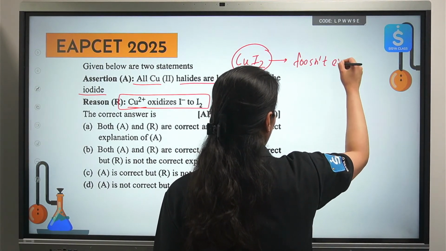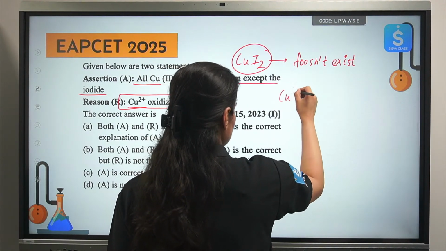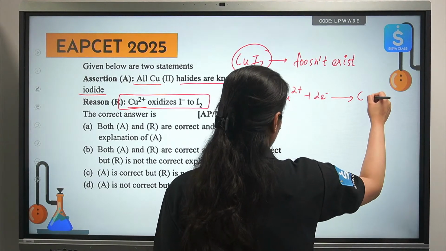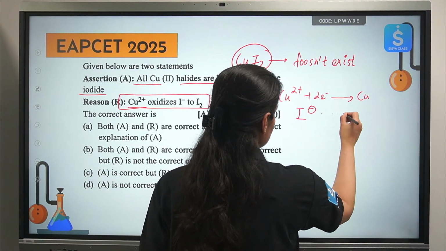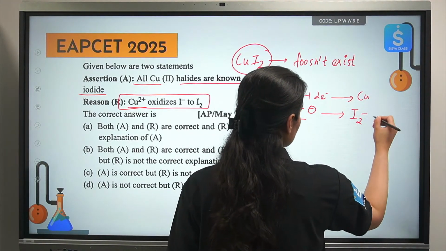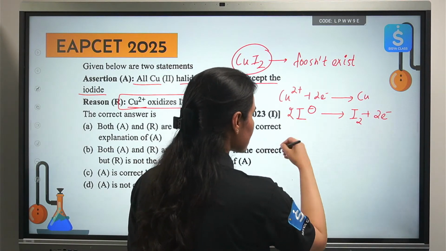Copper itself will undergo reduction and it will oxidize your iodide to I2. Okay. So what will be present in the solution?